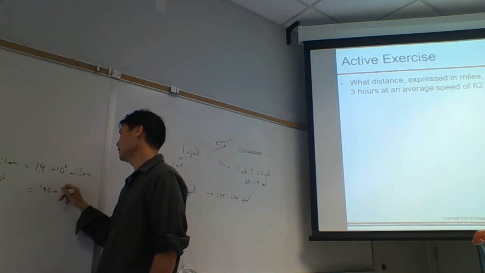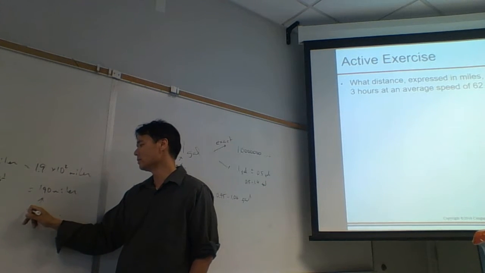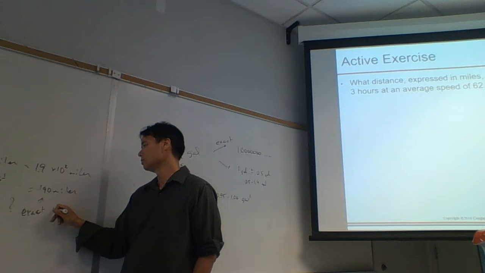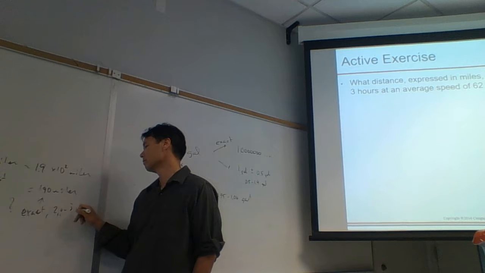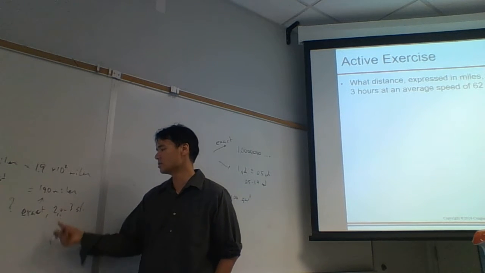Now 190 miles is confusing because this could be exact. You know, there's a question mark. It could be exactly 190 miles, or it could be 2 or 3 sig figs, depending on the precision. In this case, it's 2.